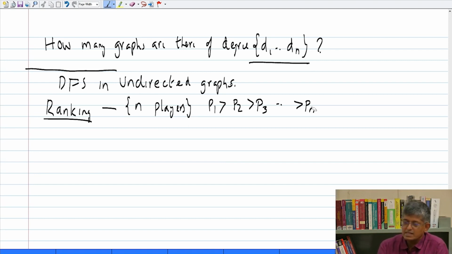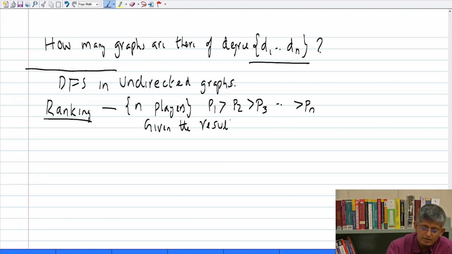The simplified case that we are going to study now is the case that when player i and player j play the game, whatever game it is, imagine it is tennis or something, the better player will always win. So, given the result of some number of games played as input.